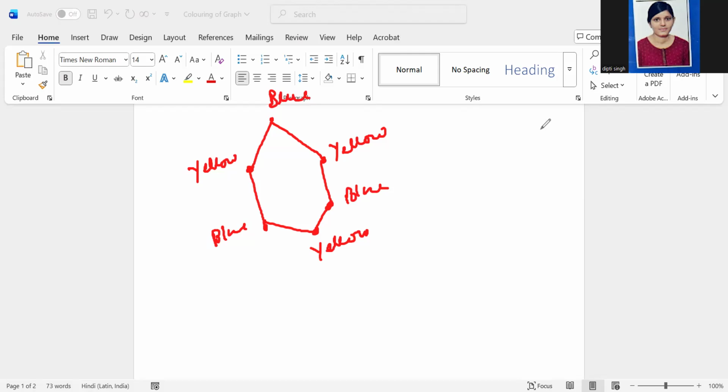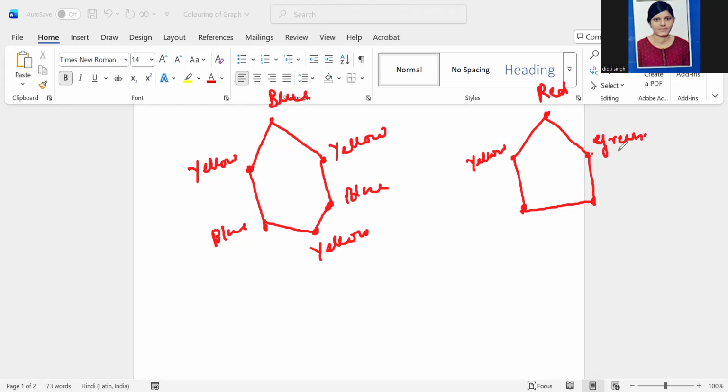Okay, so if you see another figure like this, this vertex is adjacent to this and this. It means if you color it red, then you have to take a different color. You can take yellow or green.